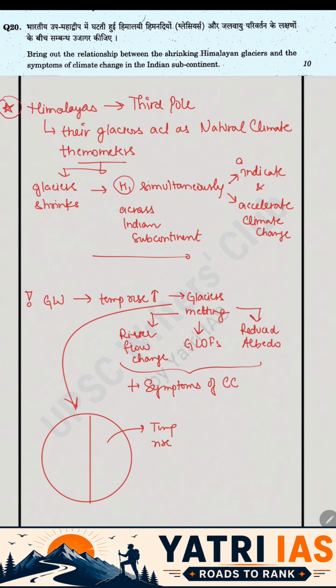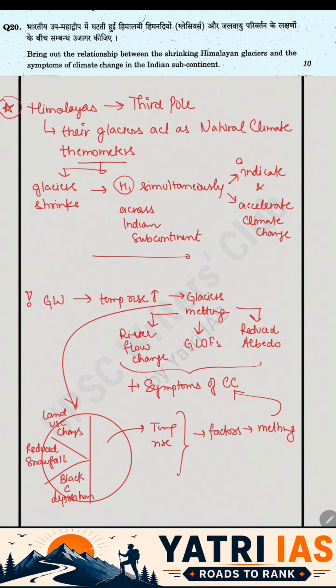Then you could mention black carbon deposition, reduced rainfall, reduced snowfall, land use pattern change. So all these factors are leading to melting. And this is a symptom of climate change as well.